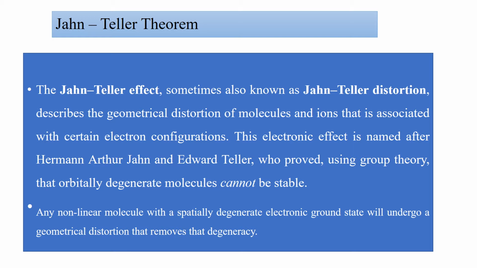That is, Jahn Teller distortion states for a nonlinear molecule in an electronically degenerate state, that distortion must occur to lower the symmetry and to remove the degeneracy of the system. The complexes in which the metal ion has unsymmetrical Eg or T2g orbitals show Jahn Teller distortions.